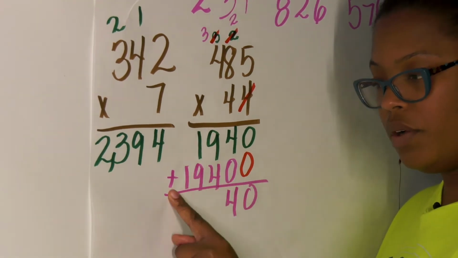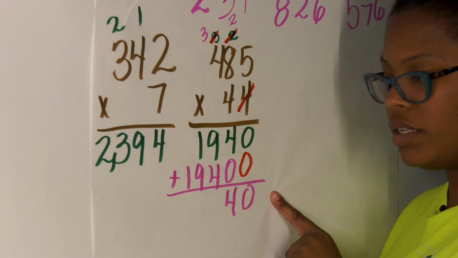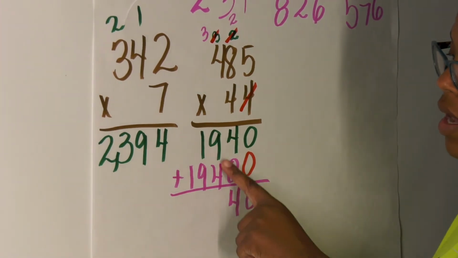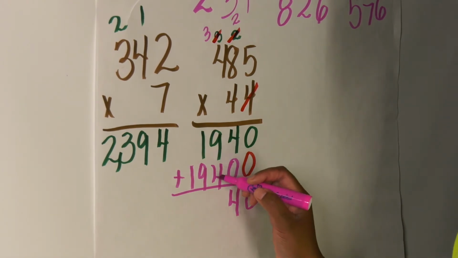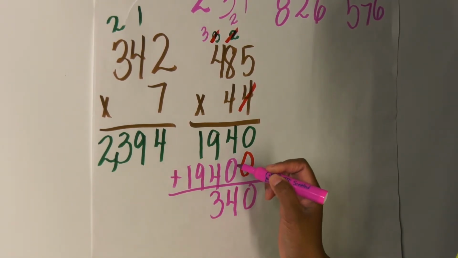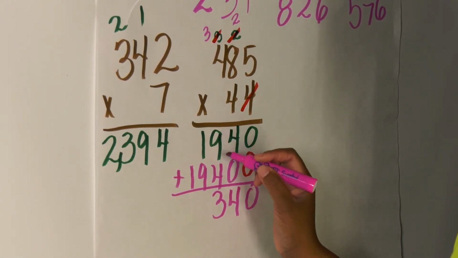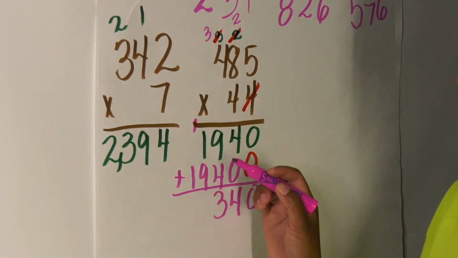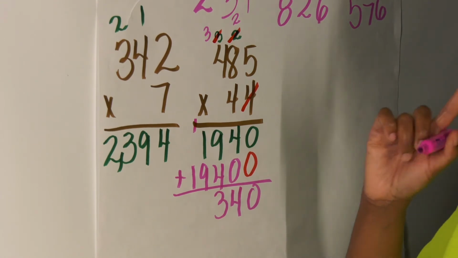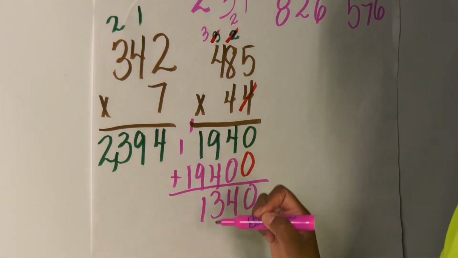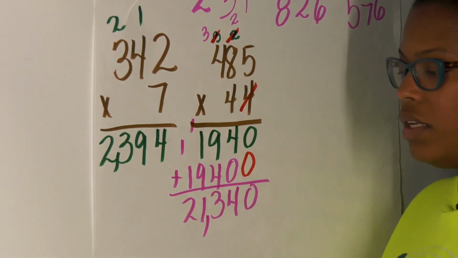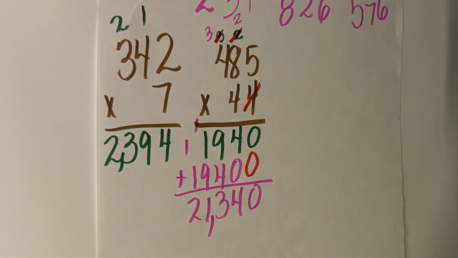When you're adding, we don't start to the left. We start in our ones place when we're adding. Okay, 9 plus 4, 13, carry the 1. 1 plus 9 plus 1, 11, carry the 1, and 1 plus 1, which is 2. So we have 21,340.